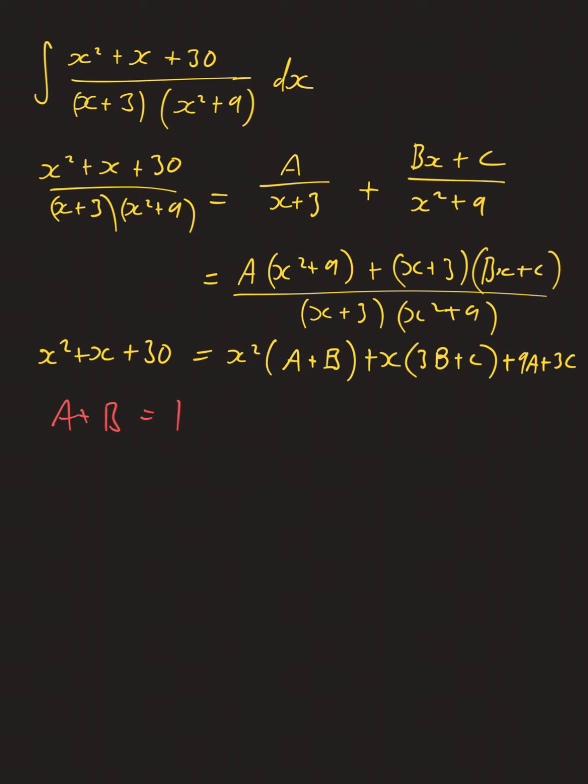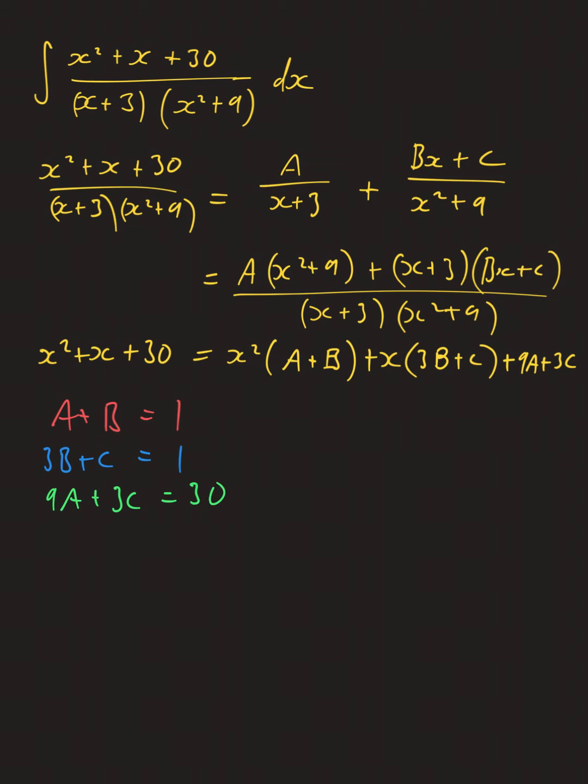Then powers of x, I have 3b plus c, and I also have 1 on the left. And finally, for the constant term, I have 9a plus 3c is equal to 30.